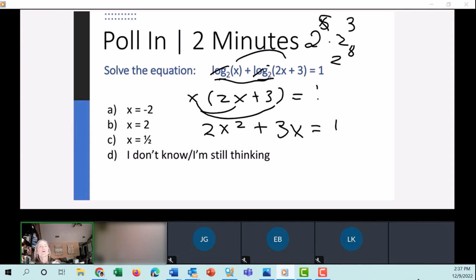Now, where do I go from here? Subtract 1. All right, so let's do the best we can with the amount of time that we have, and I'll come back and answer if I need to.